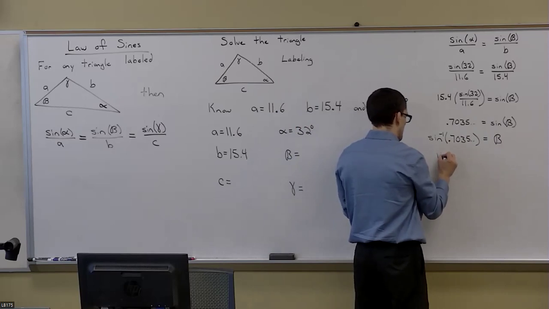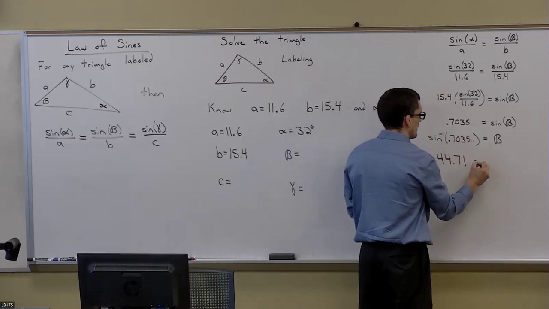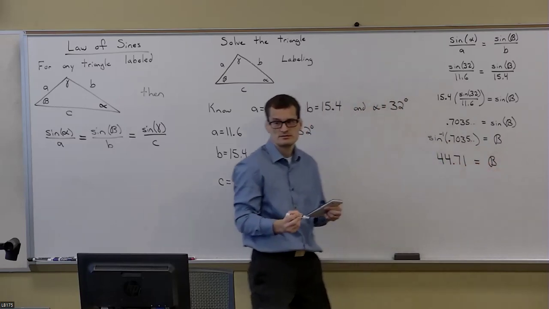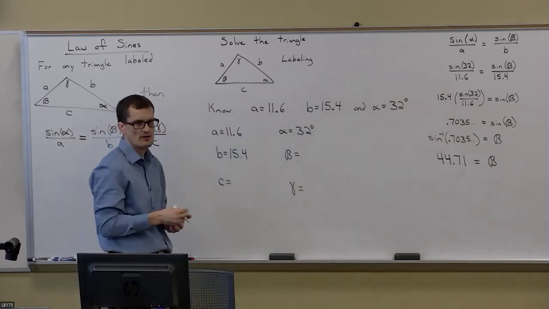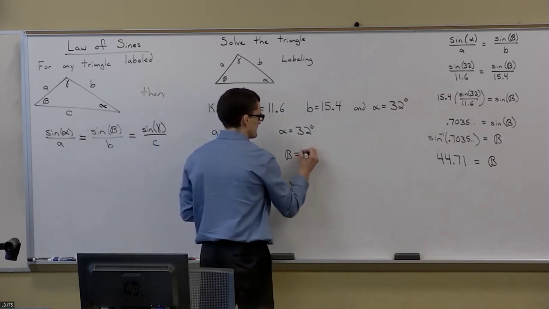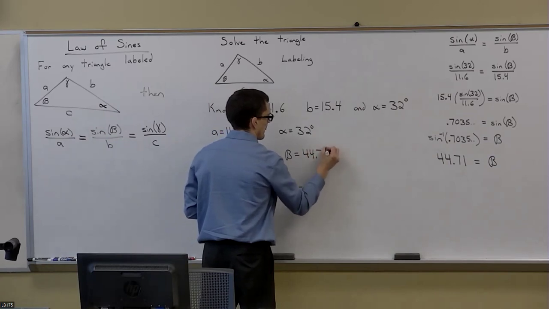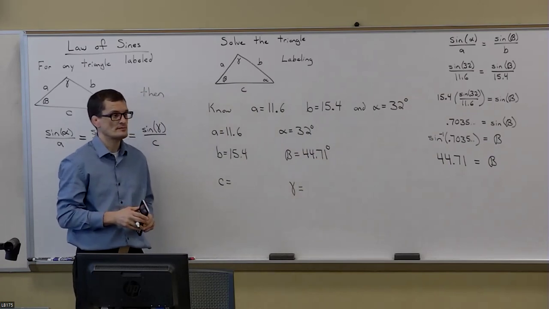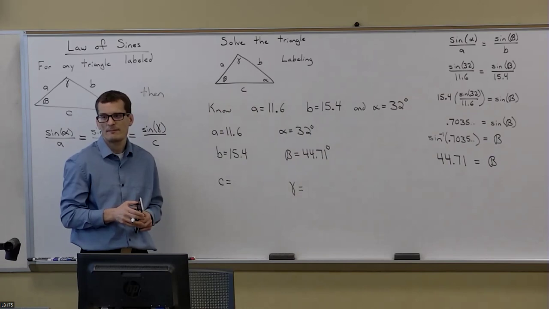And I ended up getting 44.71 as my value for beta. Most times we're going to round everything to 2 decimal places. So I'm going to round that to 2 decimal places, my final answer anyways. Are you okay with that?